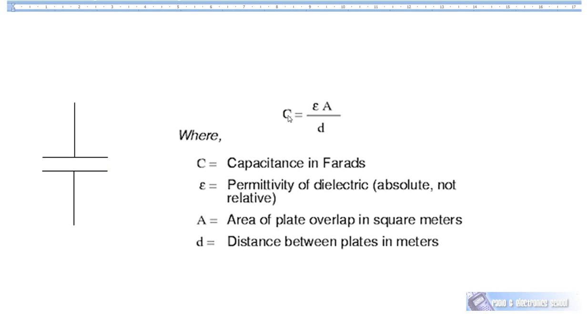So capacitance is directly proportional to the permittivity, or dielectric constant, two names meaning the same thing. Capacitance is directly proportional to the area of the plates. Capacitance is inversely proportional to the distance between the plates.